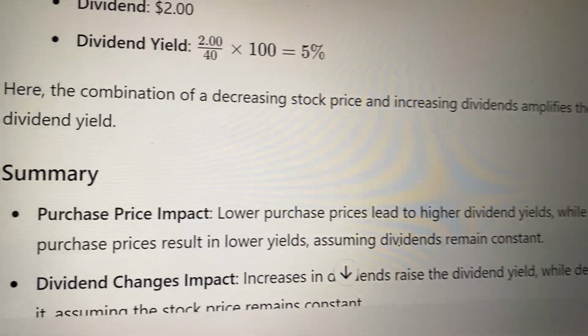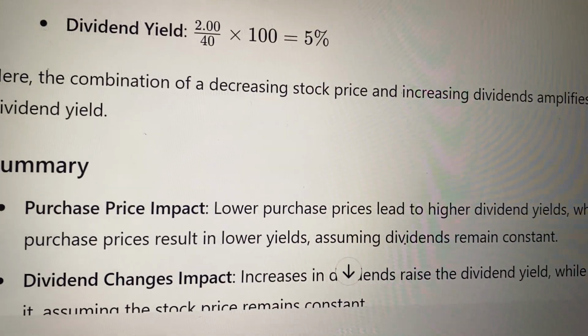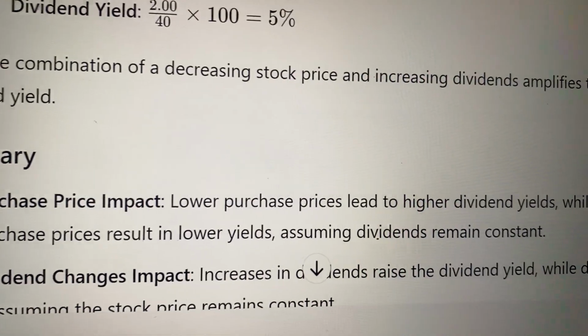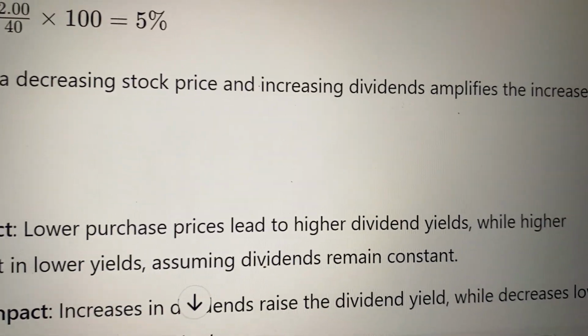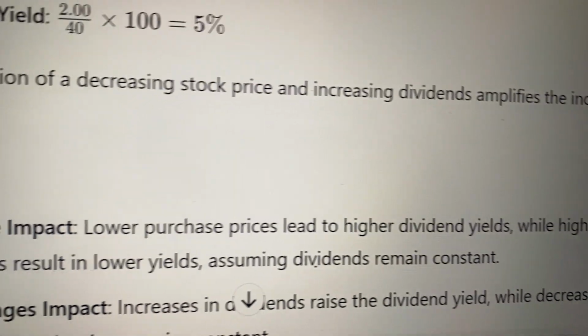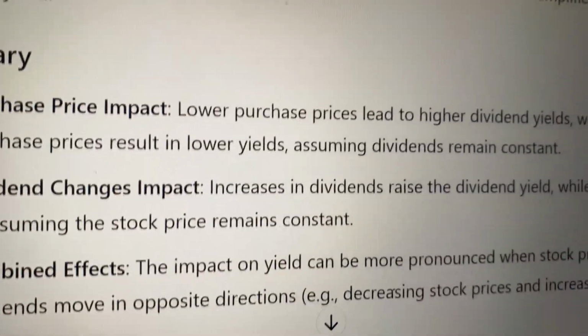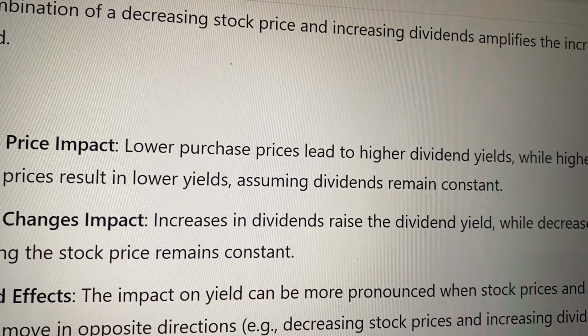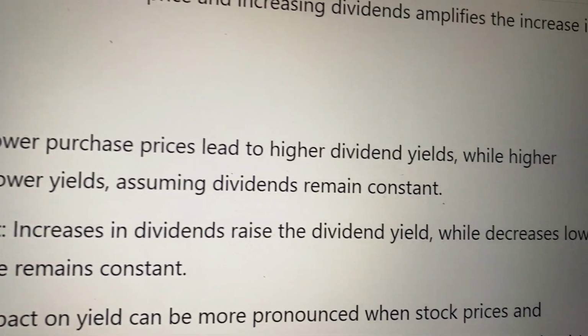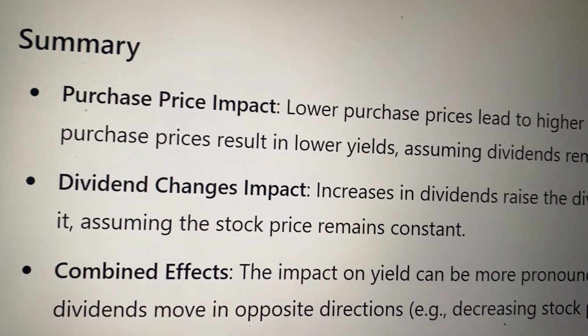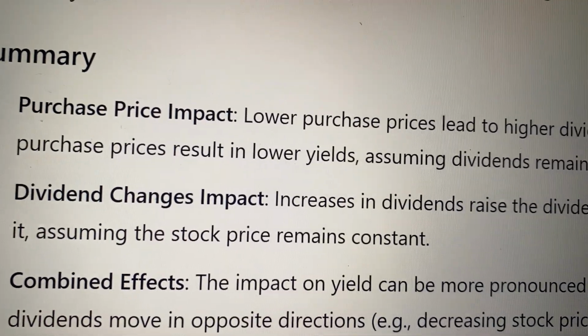So we'll just summarise all of this. The purchase price impact. Lower purchase price leads to higher dividend yields, while higher purchase price results in lower yields, assuming dividends remain constant. Dividend change impact.